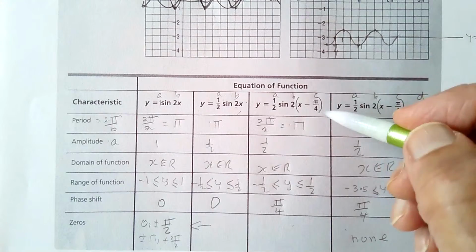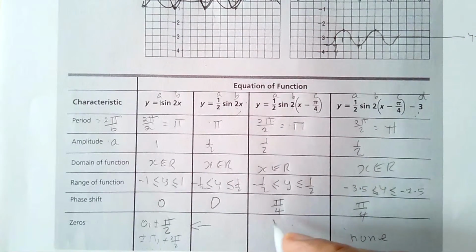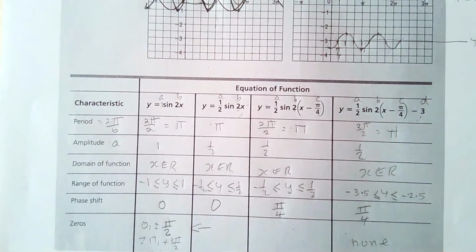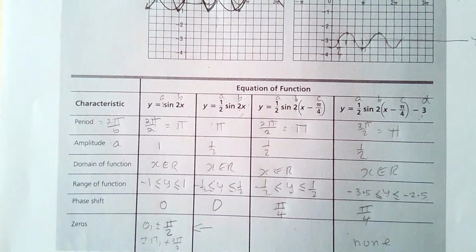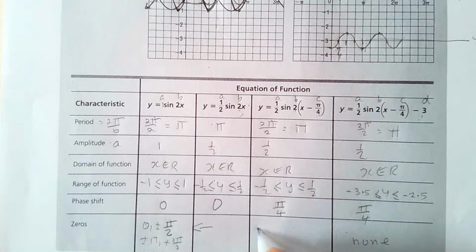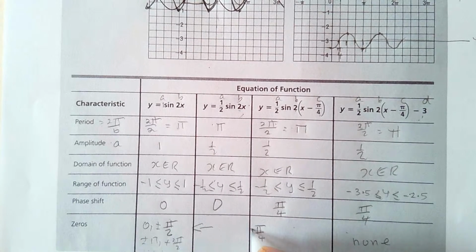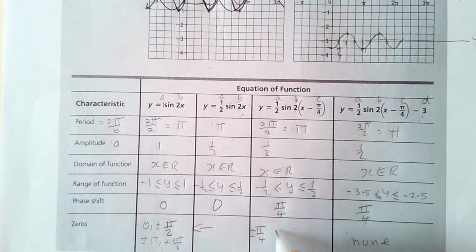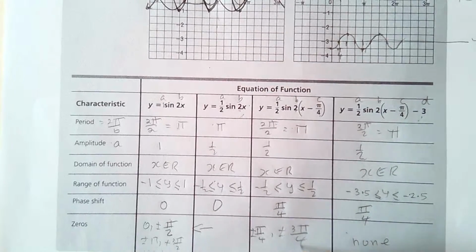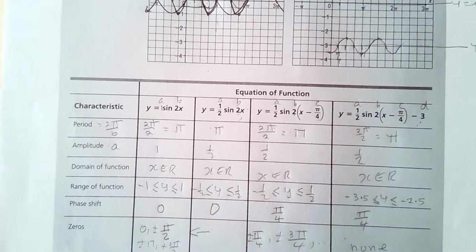But in this case here, we have our zeros. If you had gone back to our original graph, our zeros were pi/4, plus or minus, and we have plus or minus 3/4 pi over 4, etc. Continues.